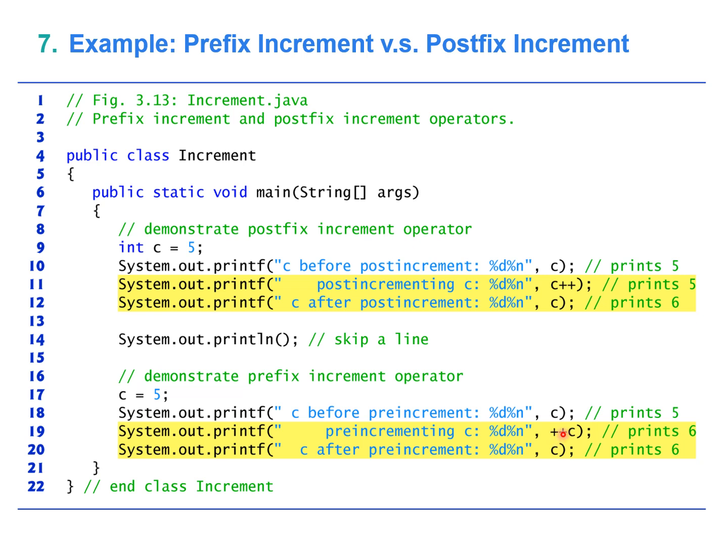But the value of the pre-increment expression plus c is 6 instead of 5. So you can see that that's the difference between prefix increment and postfix increment.